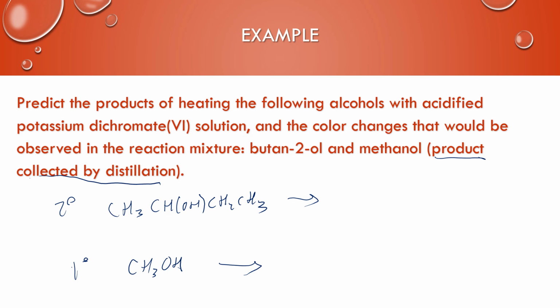So the primary alcohol, we're not going to go all of the way to the acid because you are collecting it with distillation. You're not doing reflux. So the methanol is going to form an aldehyde like that. And for the secondary alcohol, you're going to form a ketone like this.